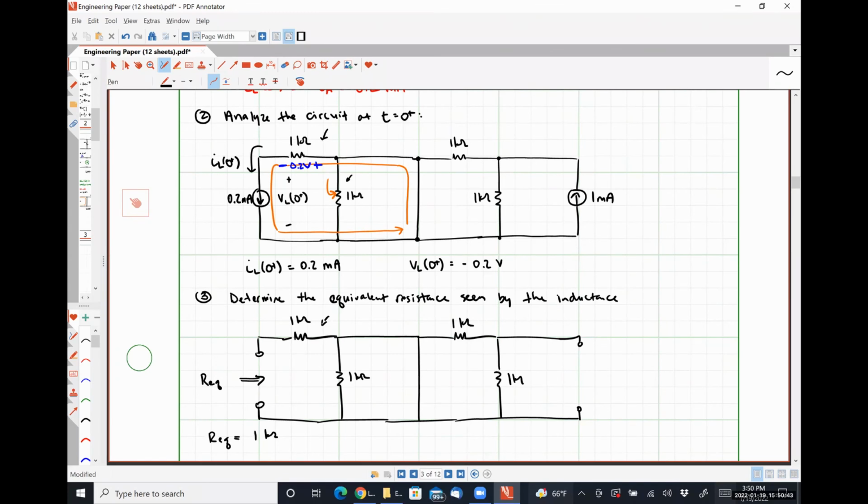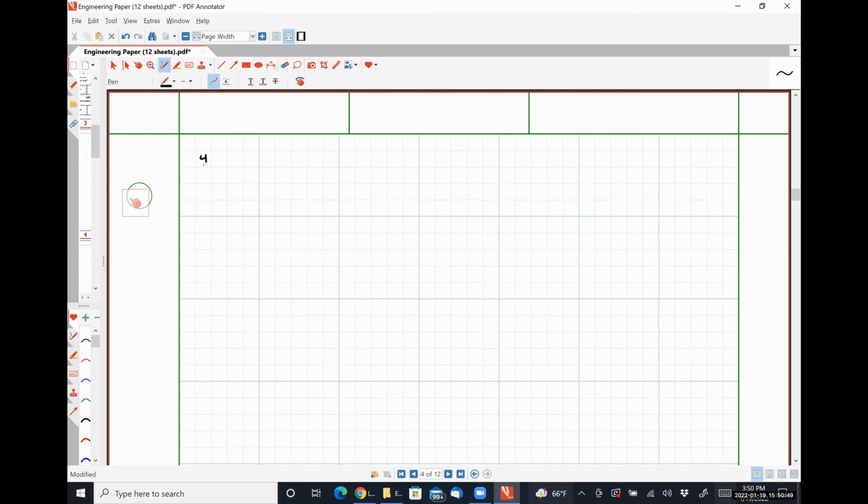So step 4 here will be use the results of steps 1 through 3 and plug in values to our generic equation.